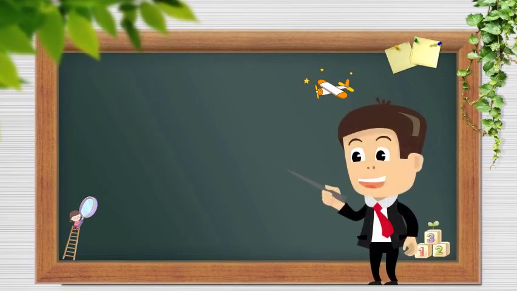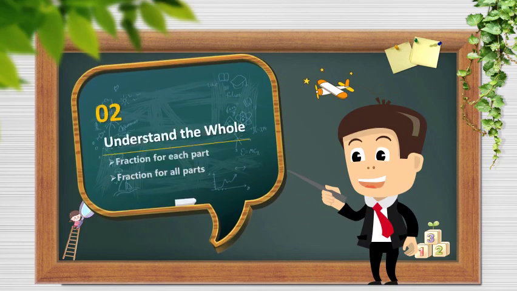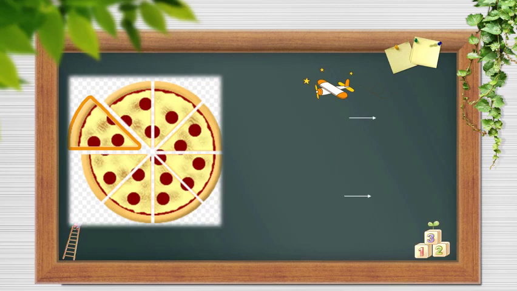Okay, so now let's discuss the whole. What is the whole? And we will also discuss how to write fractions for each part and fractions for all the parts. So first of all, I have a picture of a pizza here.